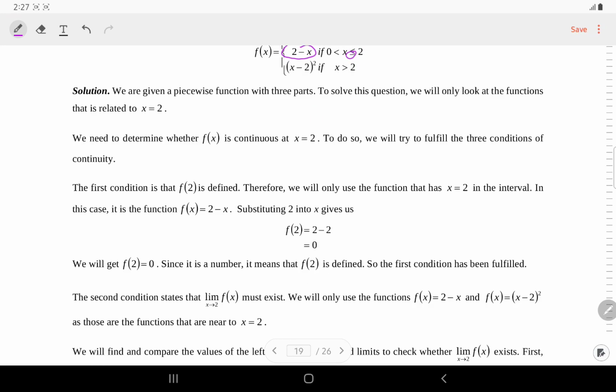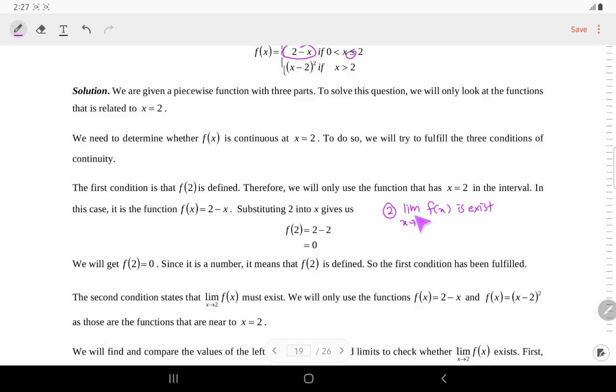Okay, so if the first condition is satisfied, we need to proceed with the second condition and determine whether it is fulfilled or not. The second condition states that the limit as x tends to a of the function must exist.